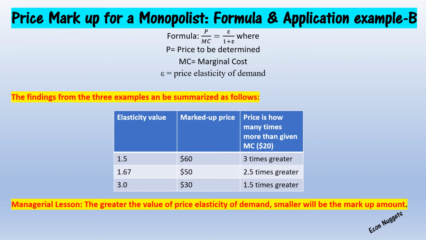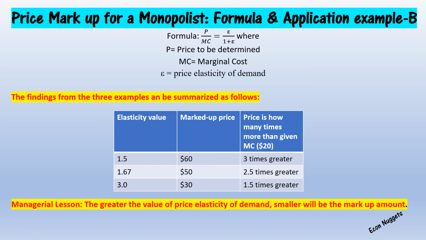When the elasticity value was 1.67, the markup price was $50, which is 2.5 times its marginal cost. And when the price elasticity value was 3, the markup price was $30. That means $30 is 1.5 times the $20 marginal cost.